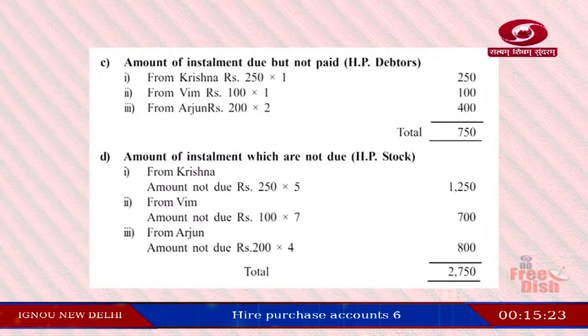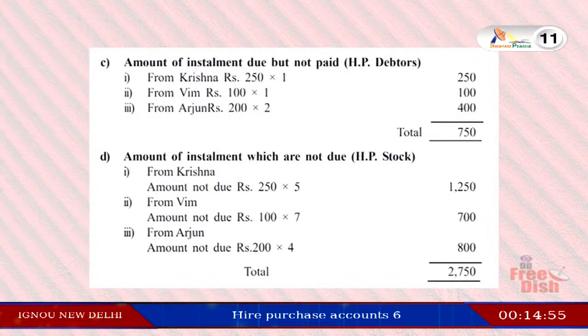Now this stock we will calculate, how it is arrived. Amount of installments which are not due. So Krishna, you see that one installment is of 250. Krishna could not pay one installment out of 7 installments due. It means he could pay 6 installments.